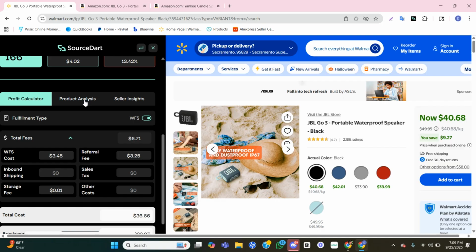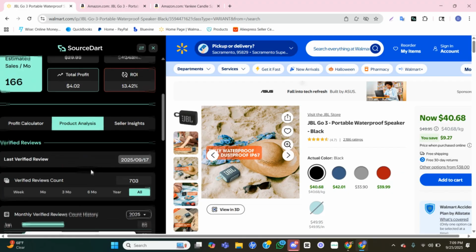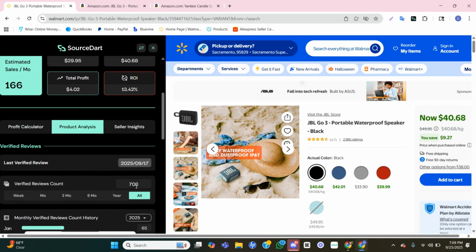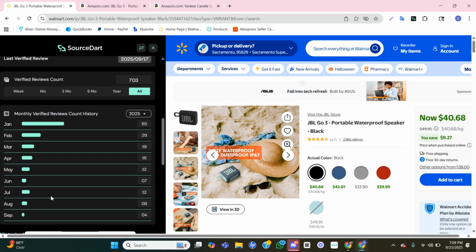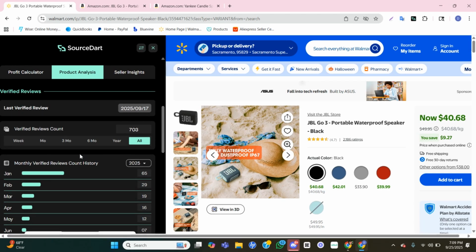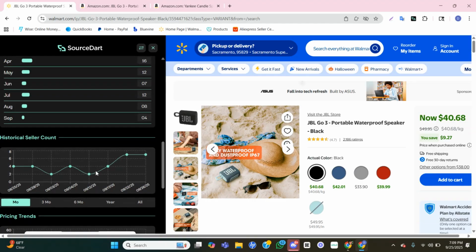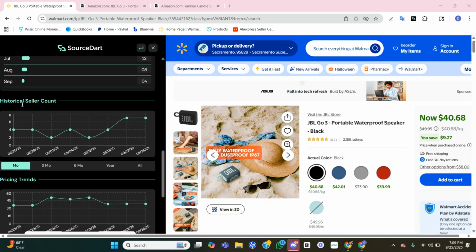In the product analysis, you can see they have a total of 703 verified reviews, and which month they get a high number of reviews. Here is the historical seller count, showing how many sellers are selling.